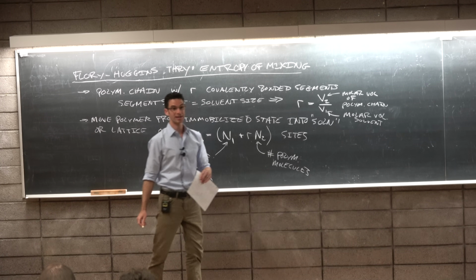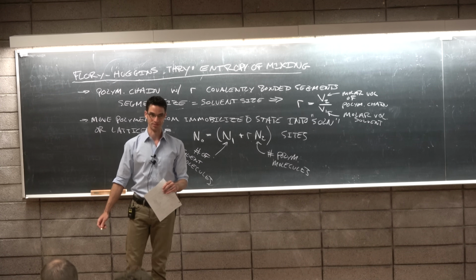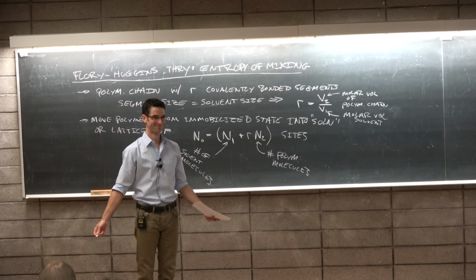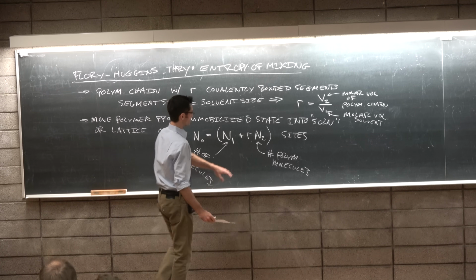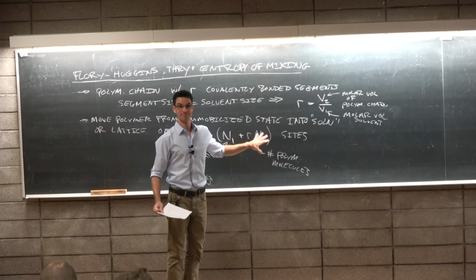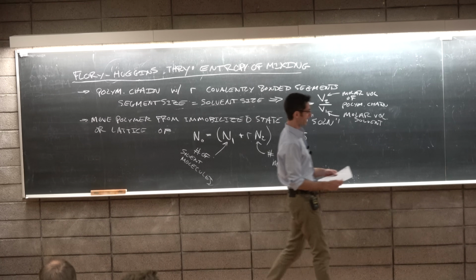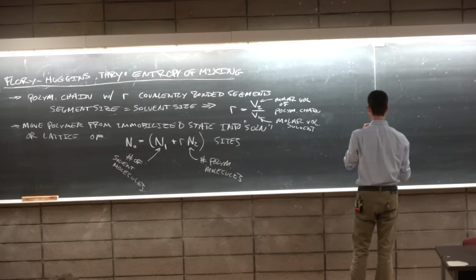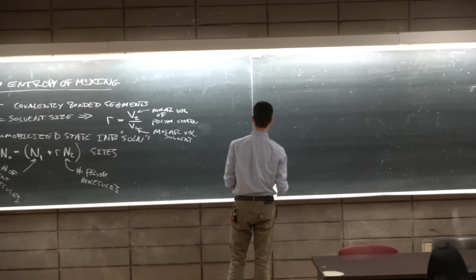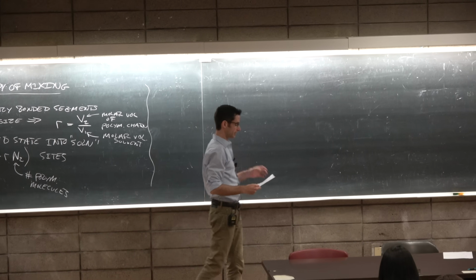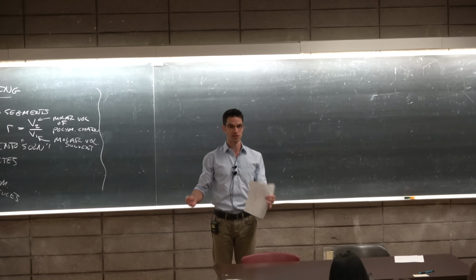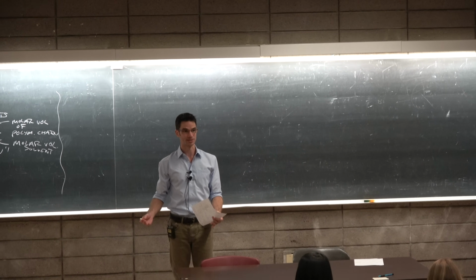We're going to make a lot of assumptions today because we're just talking about a checkerboard with checkers on them. We're assuming monodispersity here, that they all have the same length R. What we are going to do is talk in terms of volume fraction instead of mole fraction.